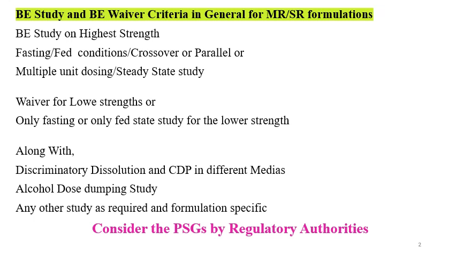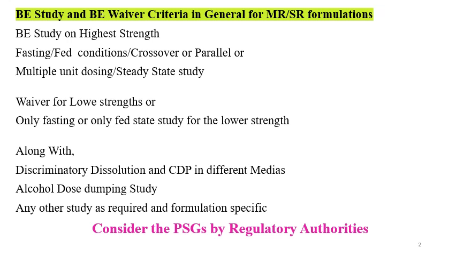And waivers are given for the lower strengths, or the strengths which are non-B strengths. Also, in some of the guidelines, you can observe that the complete B study in fasting and fed is performed on the highest strength, and only a fasting or only a fed study is required on the lower strengths.